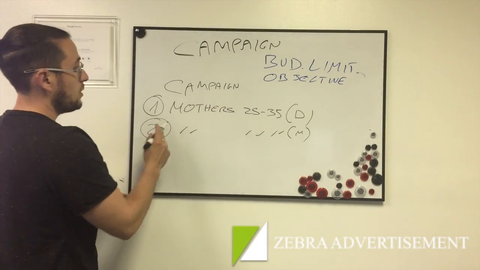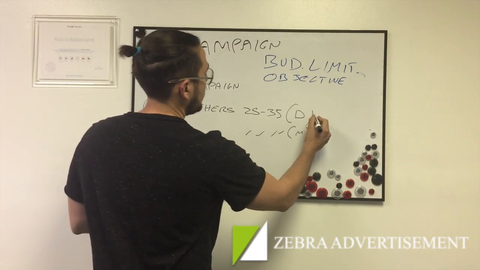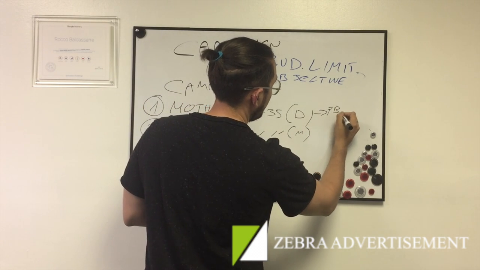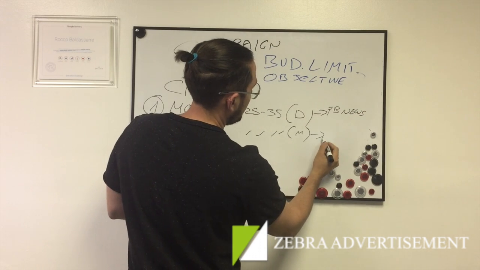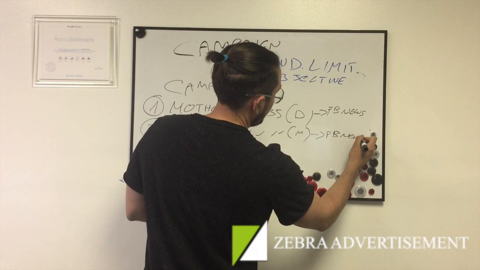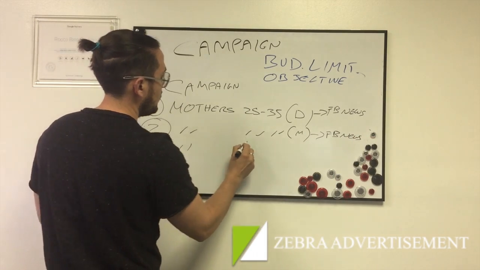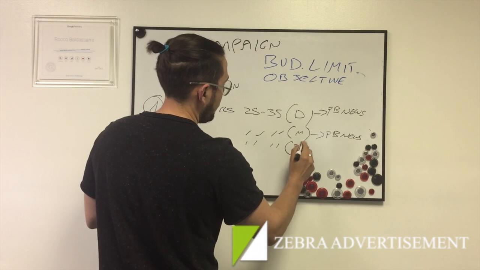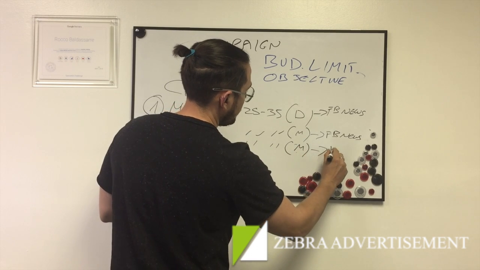But additionally, you want to have another breakdown, because this ad set is going to be for Facebook newsfeed. This one is going to be again for Facebook newsfeed, but then you're going to have ad set number 3 for mothers 25-35 on mobile, on Instagram.